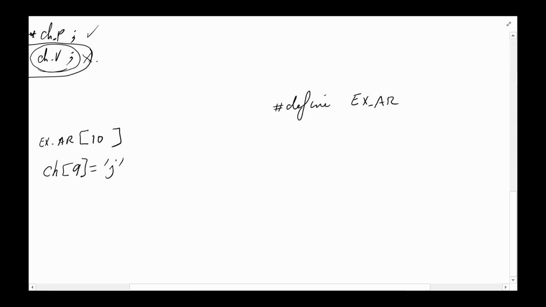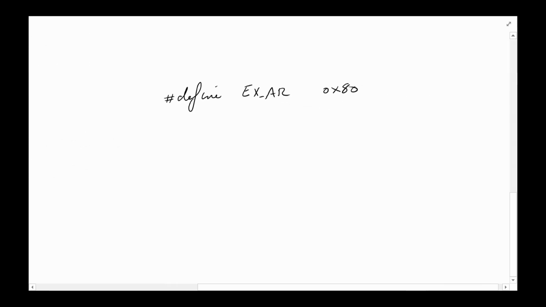Okay, so if we restart everything, let's say we started it here. That basically means that I'm going to have a memory scheme where my array starts at 0x80, and I'm going to count 10 until I get to 0x89. That's where my last character resides.